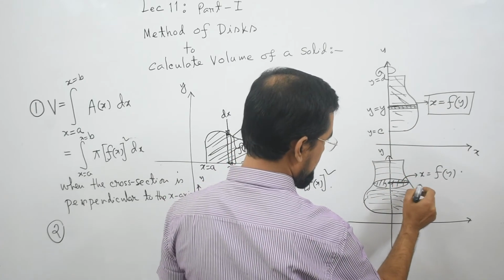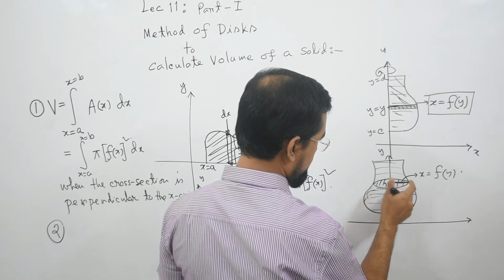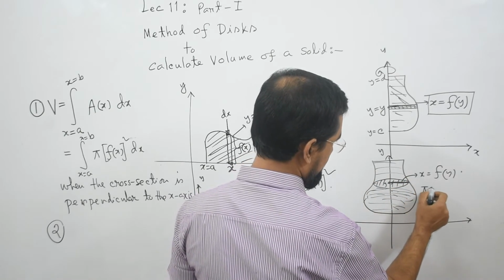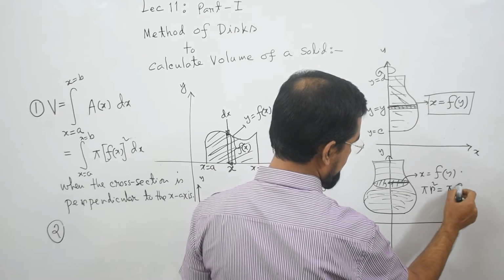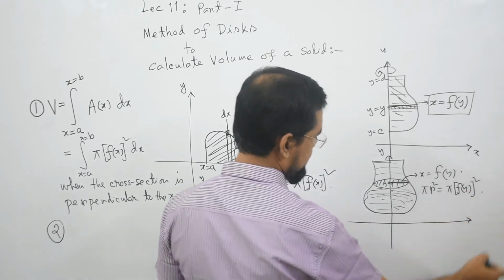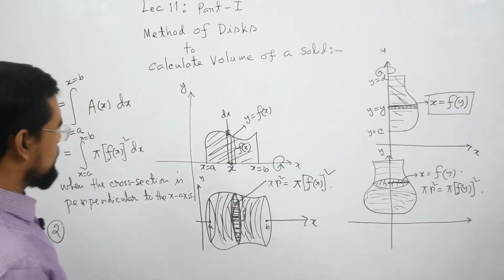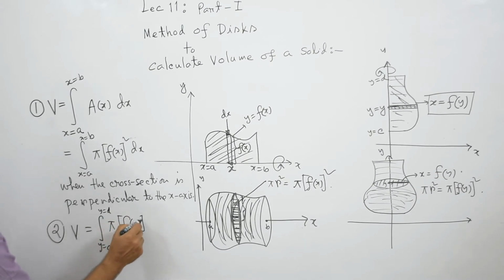So the area of this circular cross section will be pi r square, and here r means f(y) square. So the volume formula 2 will be integral from y equal to c to y equal to d of pi f(y) square dy.